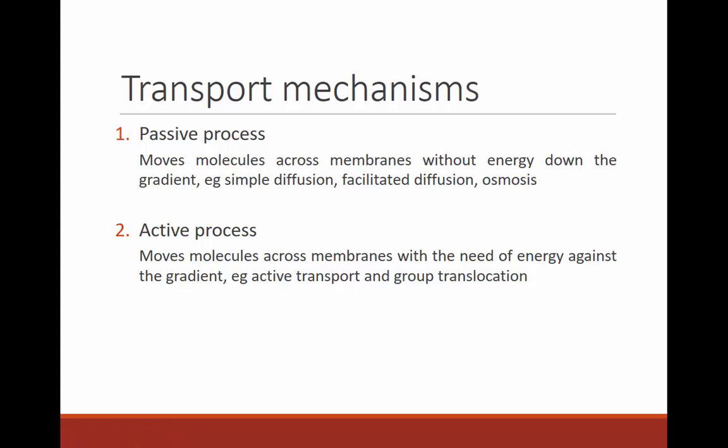Now the active process, as you can imagine, means that you need some energy put into the system for movement. Now why would that be? It might be that you need to move one thing from one side of the membrane to the other side, but it's against the concentration gradient. If you think about a bit of physiology here, if you think about your stomach, probably you do think about your stomach, but not in this way.